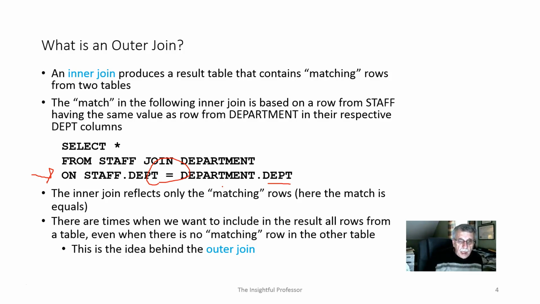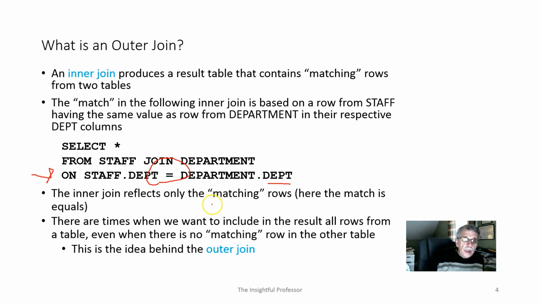And if we do find this match, or two rows with the equal values in the respective DEPT columns, then we form a join or the concatenation of those two rows, and that new row is then thrown into the result table.